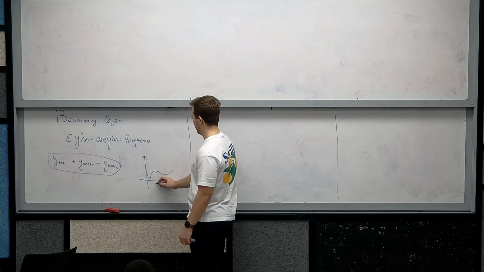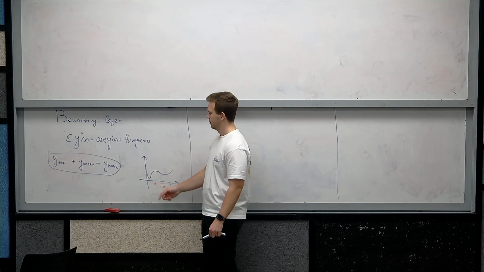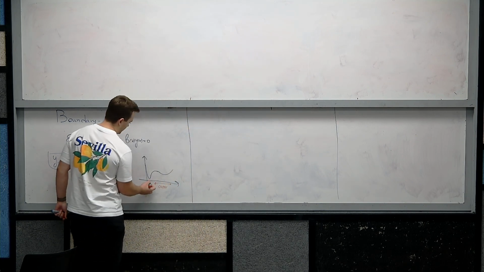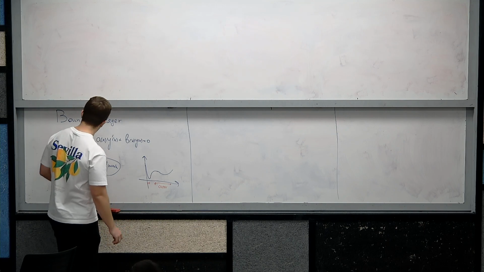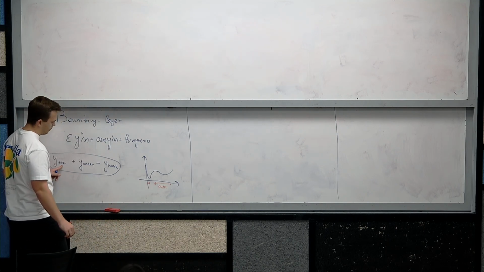So this is the outer region, and here the solution is smooth and well-behaved. But here we also have a small region where the inner solution behaves differently.